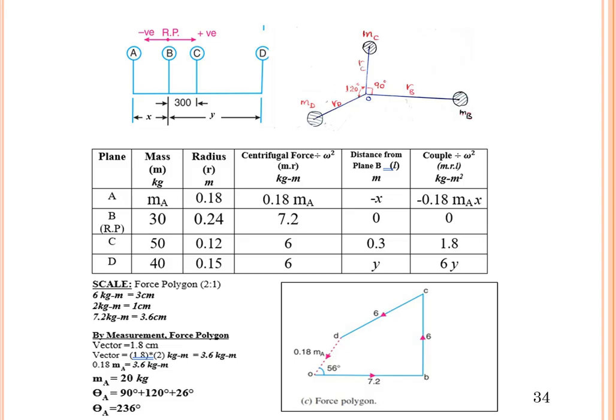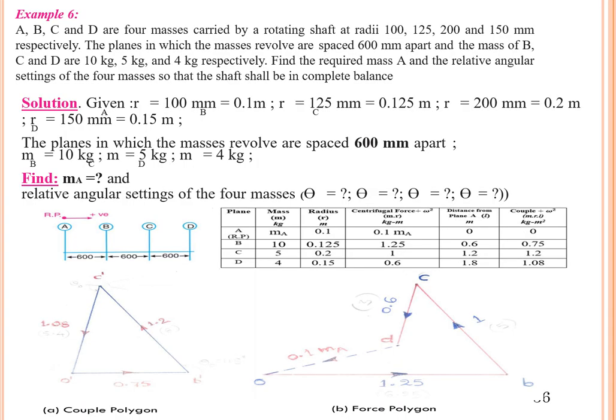So for mass A, with respect to the measurement, 3.6 is equal to 0.18 of MA. So mass MA is 20 kg. The overall orientation is 236 degrees. So like this, with the help of the force polygon, the unknown mass is found out.